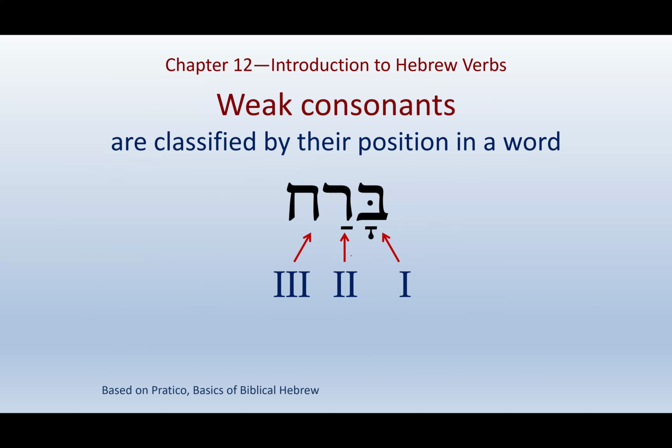Okay. And we have barak. Bet is not a weak letter, and neither is the resh, but the chet is. So this is a three chet and ayin we classify. We put those two letters together: a three chet ayin weak verb.